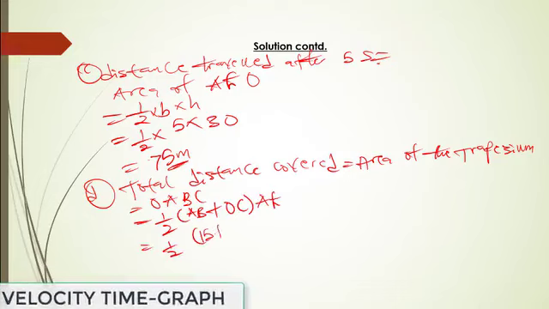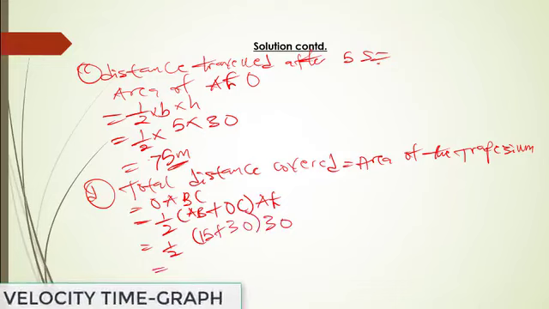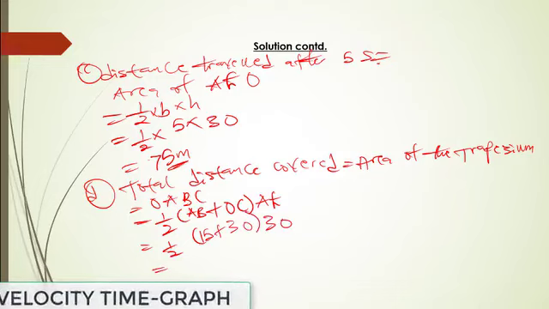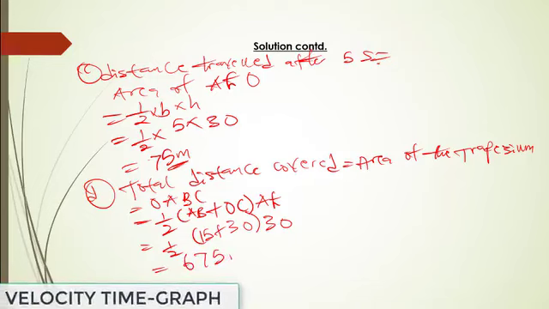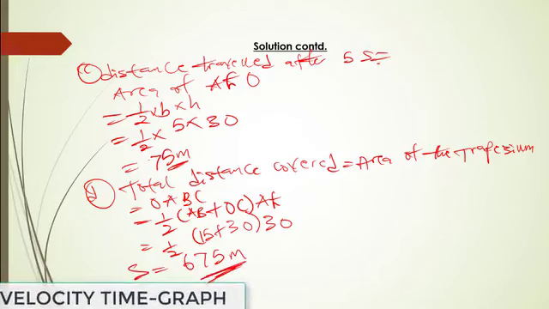It's going to give us half of 15 plus 30, close bracket, times 30, which is the height. So when you run your calculations very well, everything here is going to give you about 675 meters. That is the total distance that has been covered by this body.